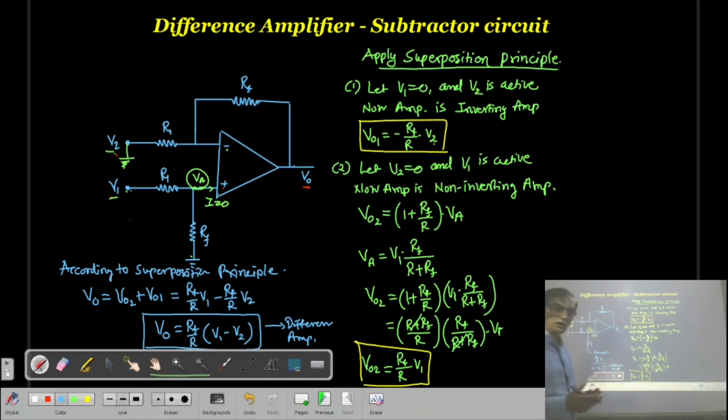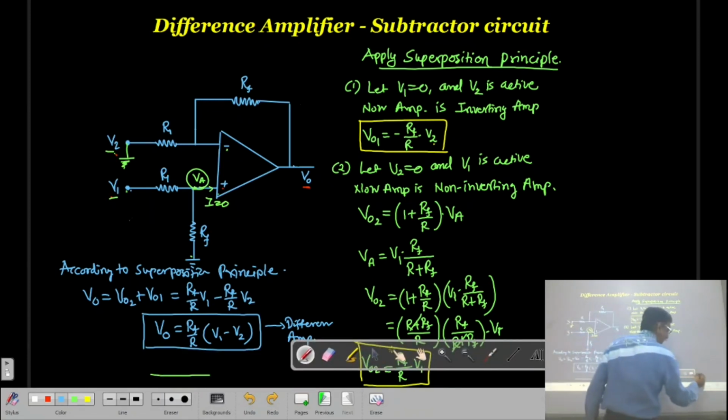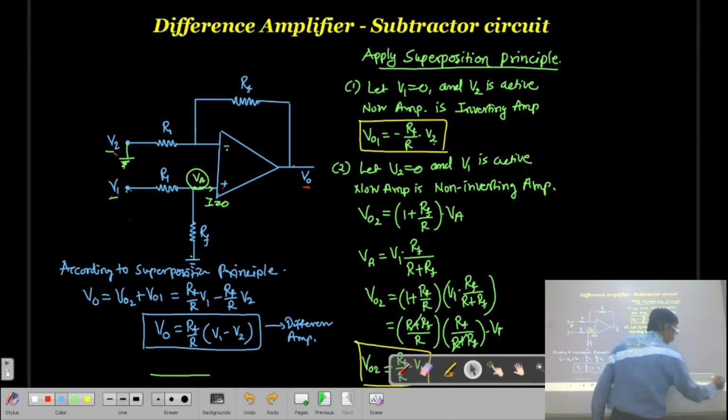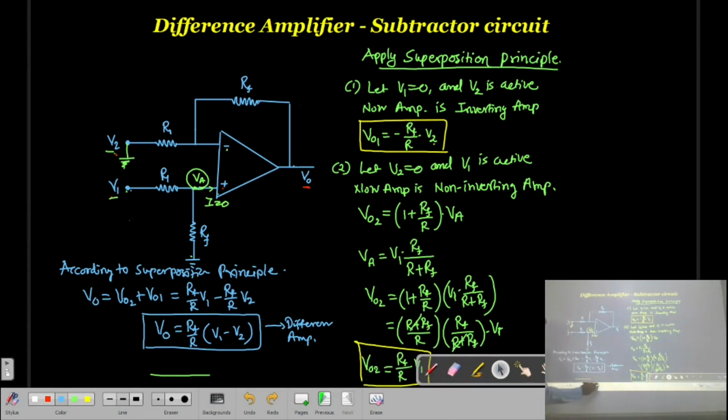But simply if you want a subtraction of the two voltages, then in that case remember that if Rf is equal to R, then the output voltage is written simply as V1 minus V2.